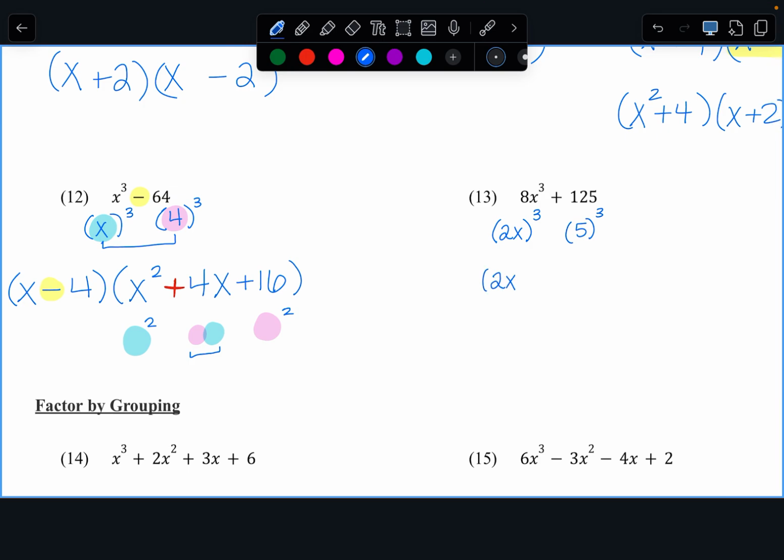That first term, same sign, that second term. What is 2x times 2x? 4x squared. Opposite sign, 2x times 5? 10x. And then 5 times 5? Is 25.